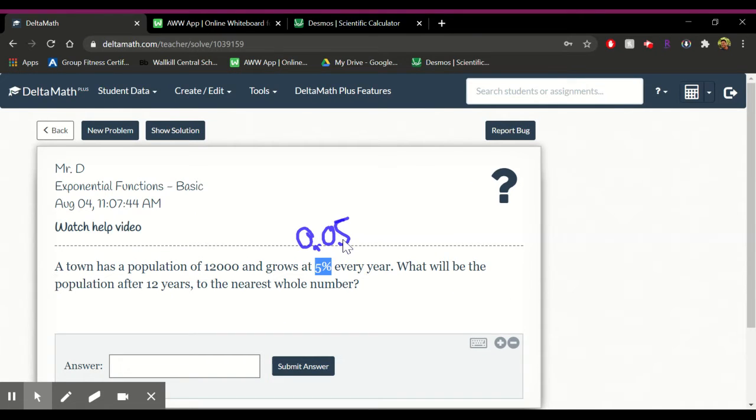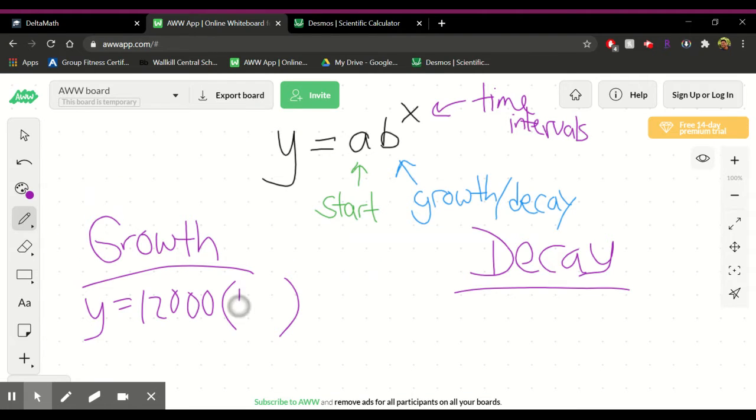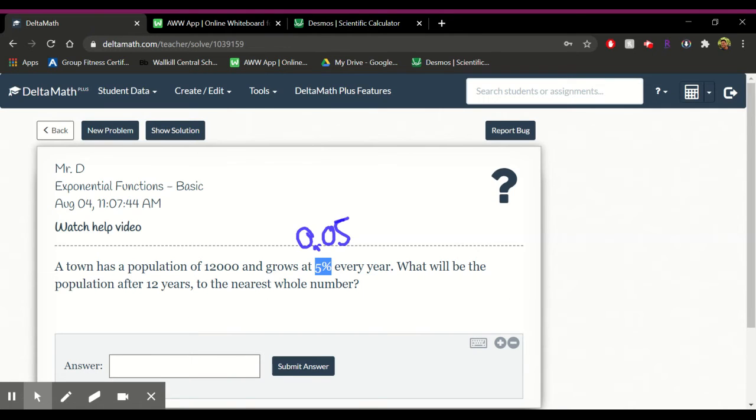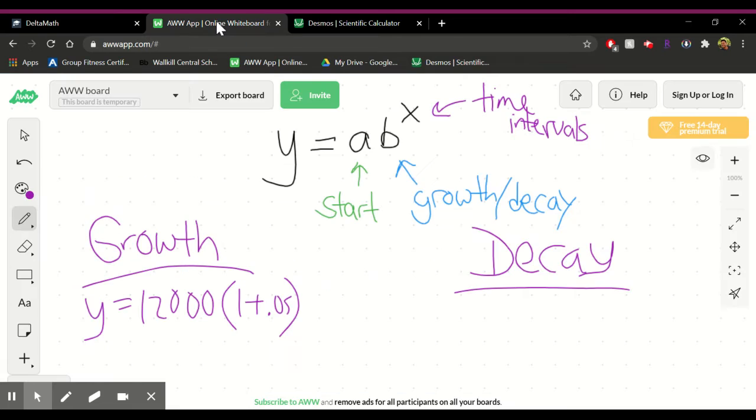So whenever it's growing 5%, you have to add that to 100%. So 100% is 1. So you're going to plug in 1 plus 0.05, since it's growing. If it was decaying, you would do 1 minus 0.05. And then the time interval is 12 years, so you're going to plug that in for the exponent. So there's our formula.